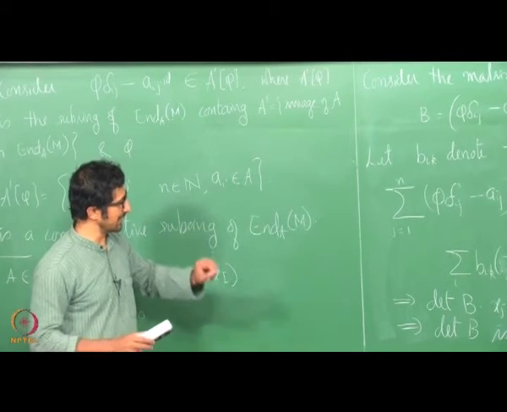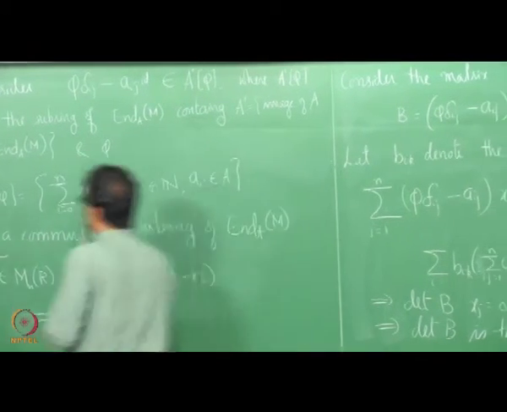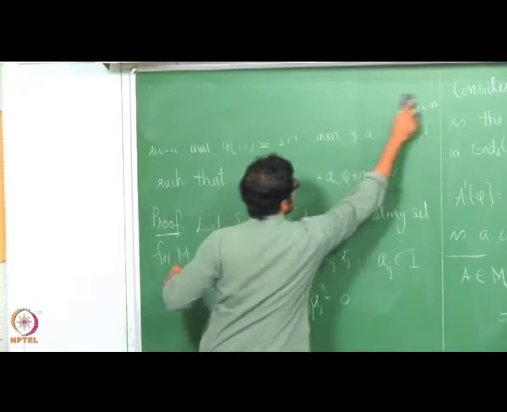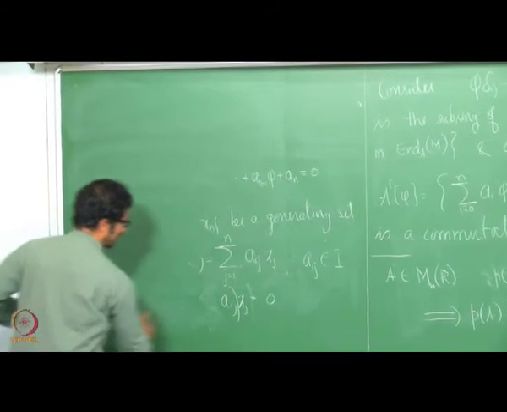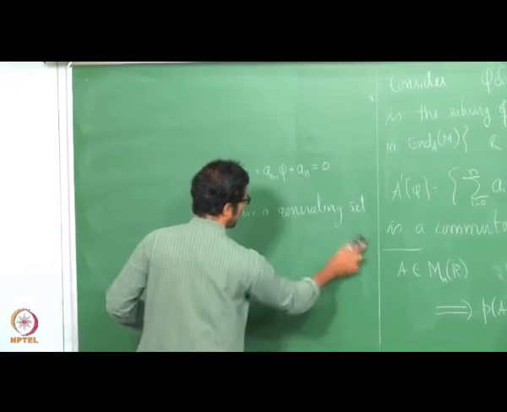Now, look at the expansion of the determinant of B. Looking at the highest power, that will be φ power n.